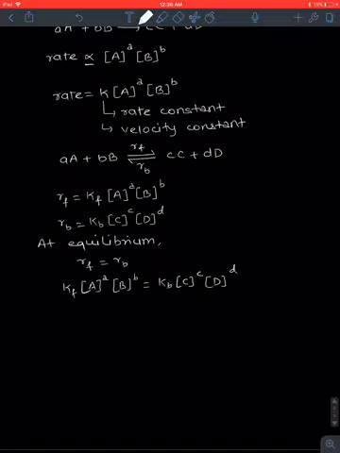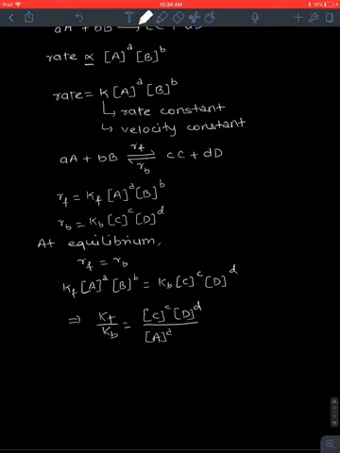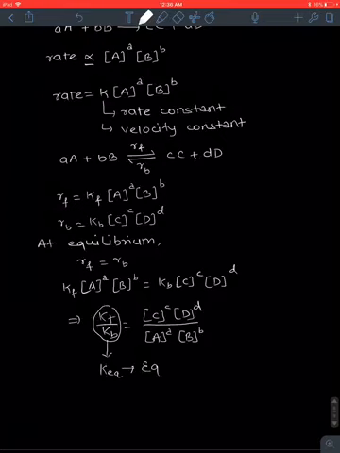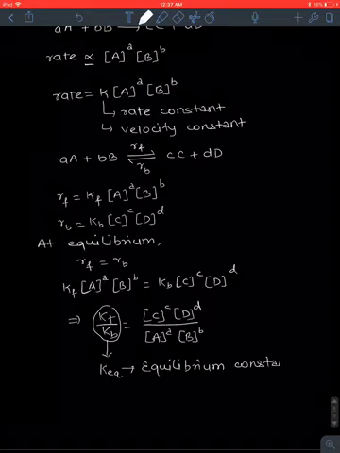Now if I rearrange this, we'll get that Kf upon Kb is equal to concentration of C to the power c into concentration of D to the power d upon concentration of A to the power a into concentration of B to the power b. And this ratio of Kf and Kb is known as Keq, that is our equilibrium constant.